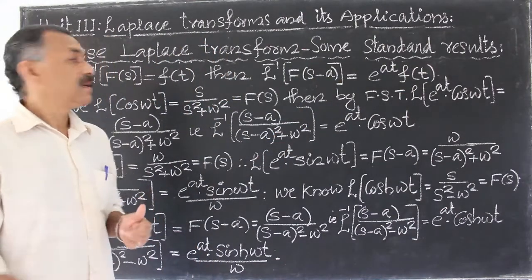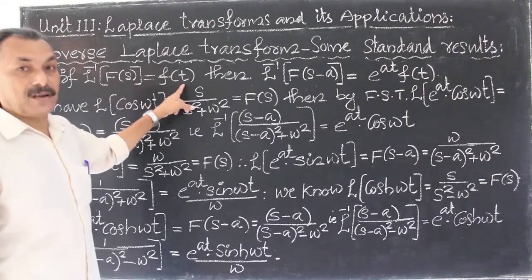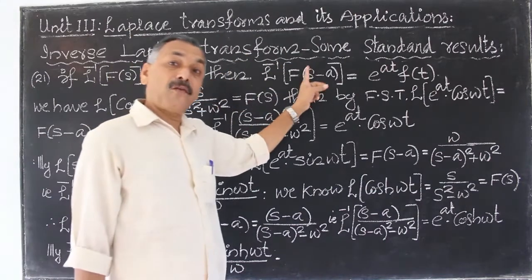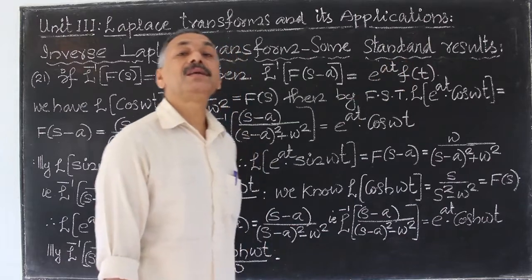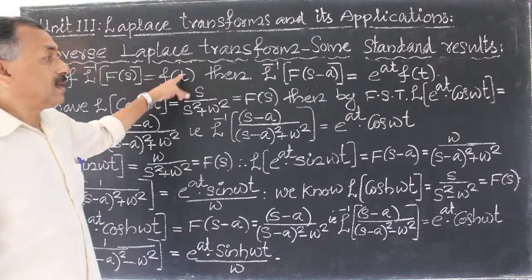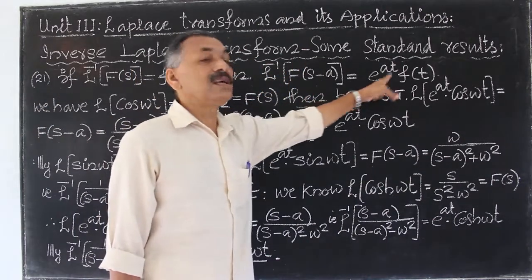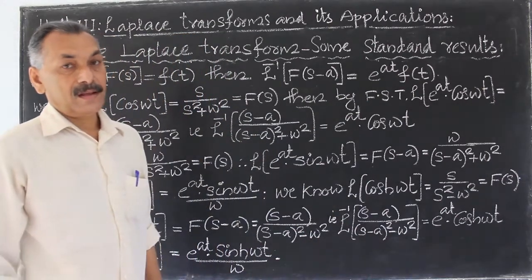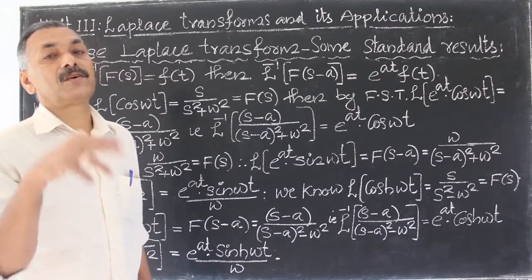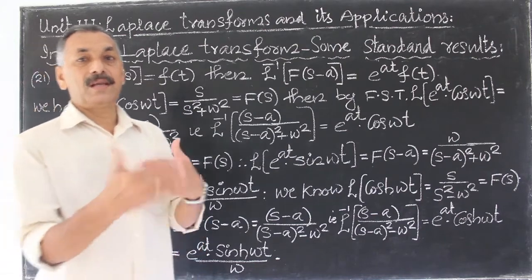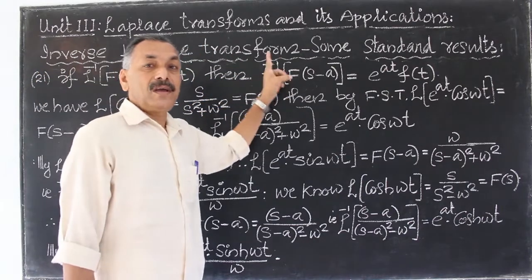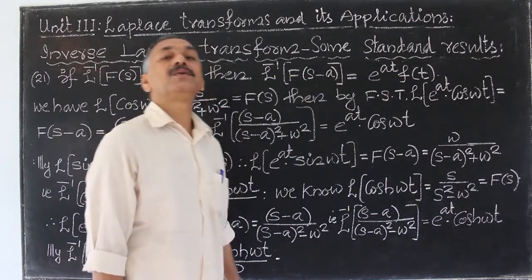Conversely, if L inverse of F of s is equal to f of t, then L inverse of F of s minus a is equal to e raised to at into f of t. That is the inverse property.